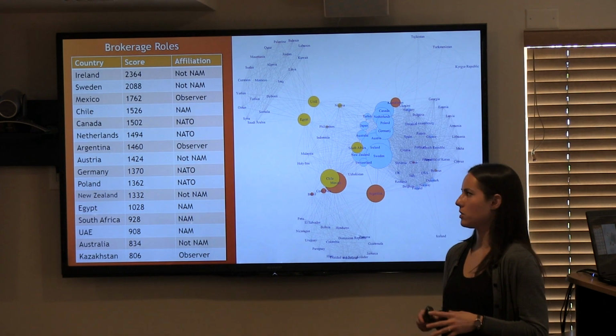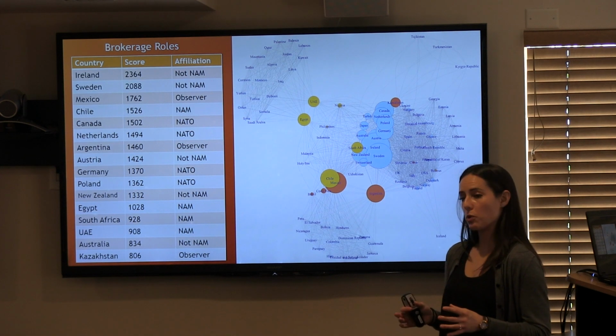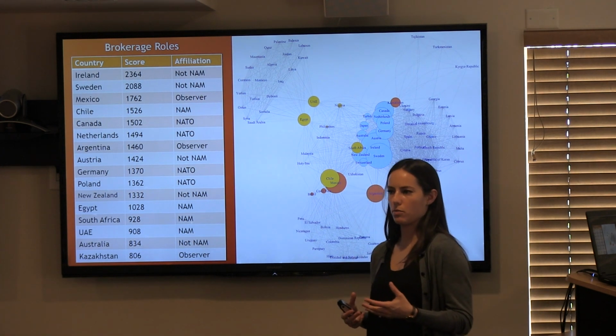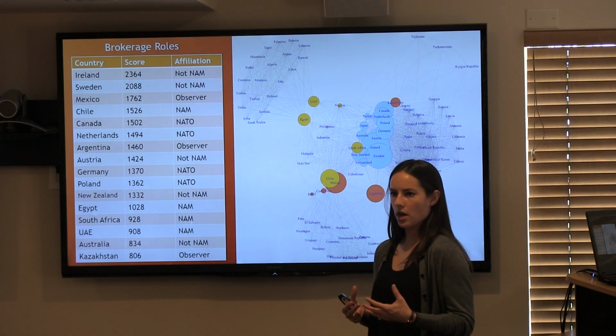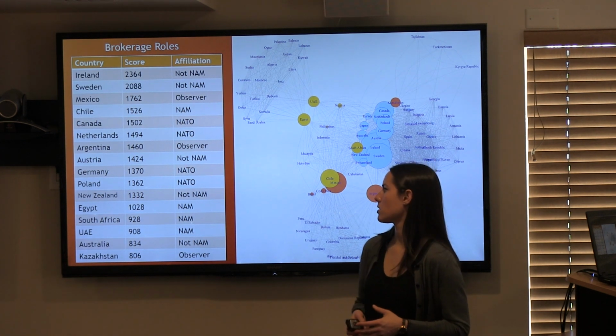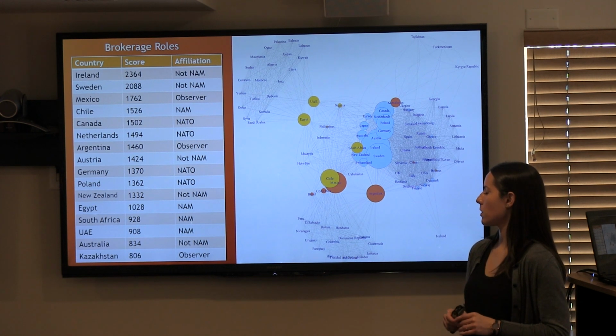Those two measures are known to be brokerage measures, whereas eigenvector centrality, even though you can argue that it represents access or brokerage, is not traditionally thought of as a brokerage measure, it's thought of as an influence measure. So that might be why there's consistency between the first and the third.